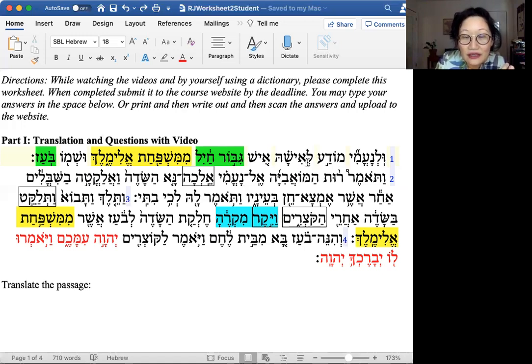To her husband, la isha. Ish, a man; gibor, a warrior, a strong man. And now it emphasizes the strength by putting in hayil, which means either strength, or it can sometimes mean a kind of metaphysical strength, i.e. somebody who's rich. You can really read it both ways.